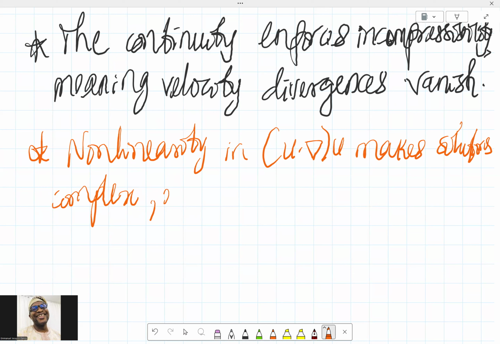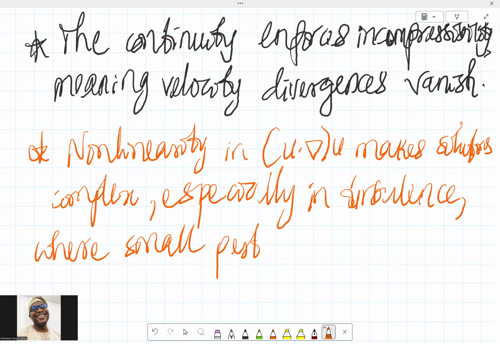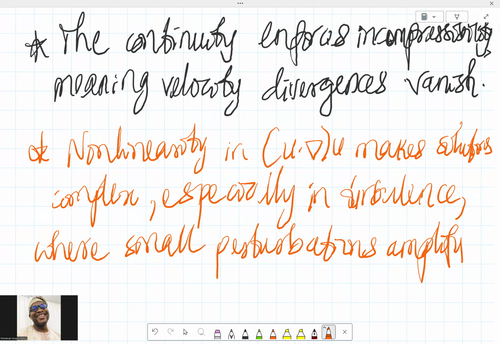Okay, especially in turbulence, where small perturbations amplify chaotically.